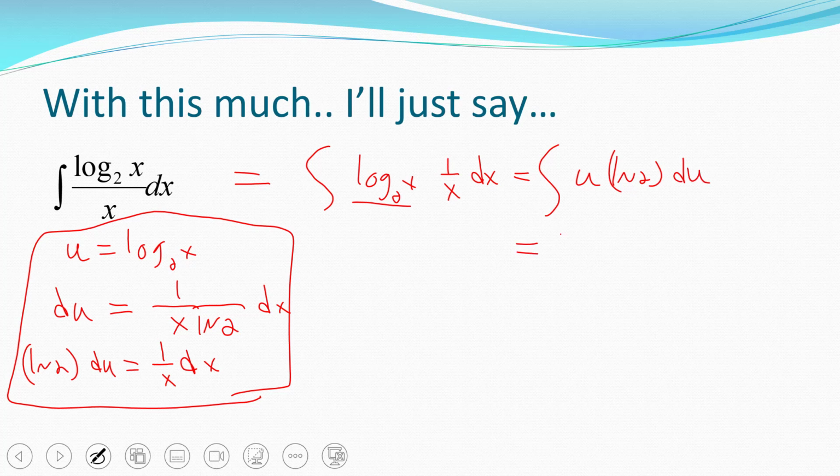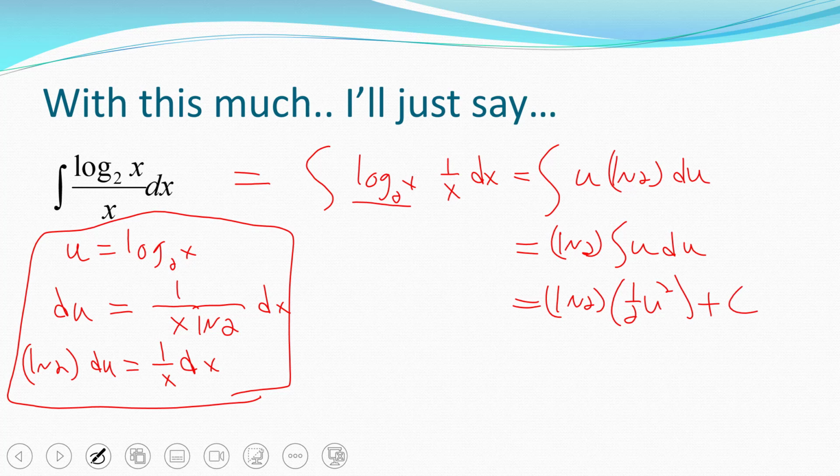The constant, the natural log of 2, just comes out, and we have the antiderivative of u du, which is easy. You then have times 1/2 u squared, and we add the constant. So the answer is 1/2 natural log of 2, that constant, times u squared, but u is the log base 2 of x, and it's been squared, plus c. And that's the answer. That's about as nice as it gets.